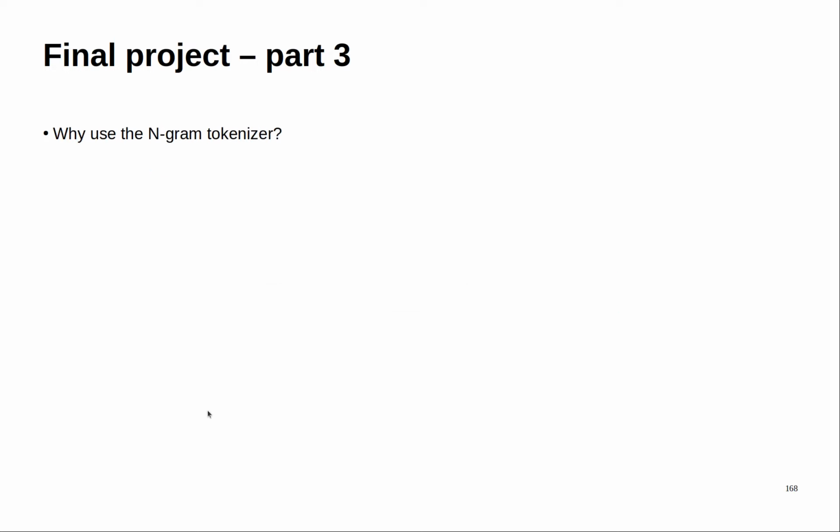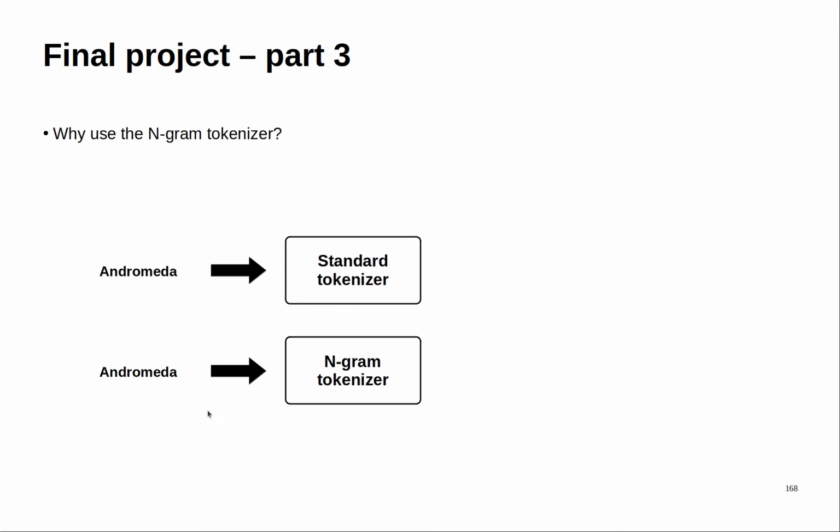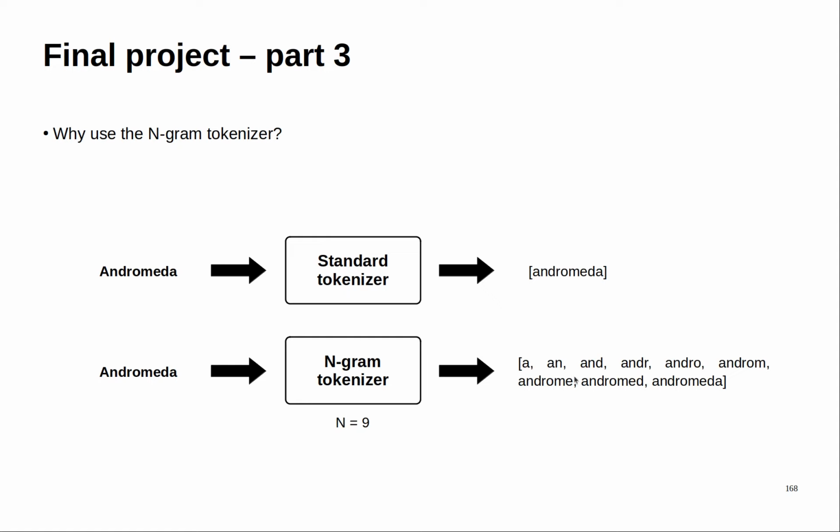Why use the Ngram tokenizer? Let's break it down with an example. We will compare the standard tokenizer and the Ngram tokenizer using the word Andromeda. During index time, the standard tokenizer treats Andromeda as a single token. However, the Ngram tokenizer splits the word into smaller chunks called grams.